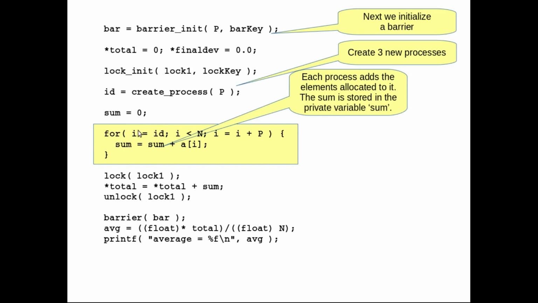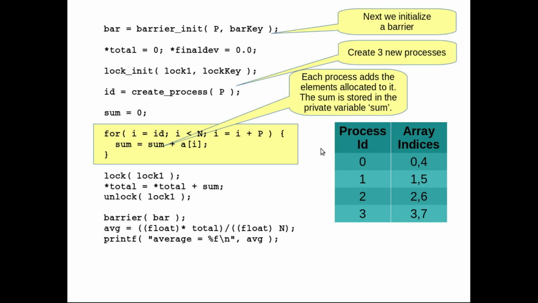When process 0 executes this for loop, it will add up A0 and A4, and the sum of A0 and A4 will be stored in the private copy of sum in process 0. Similarly, when process 1 executes this loop, it will add A1 and A5, and this partial sum will be stored in the private copy sum of process 1.